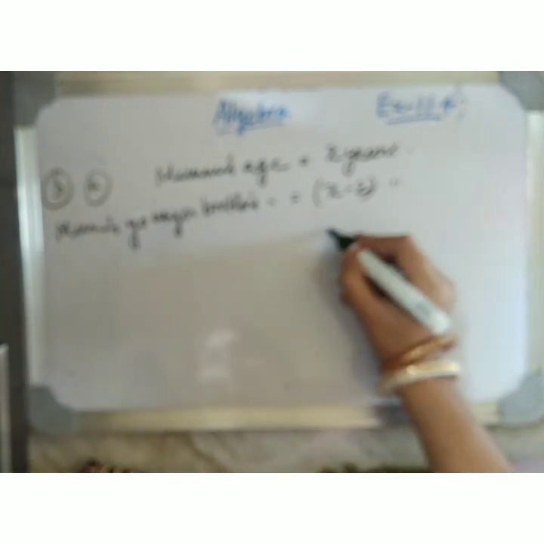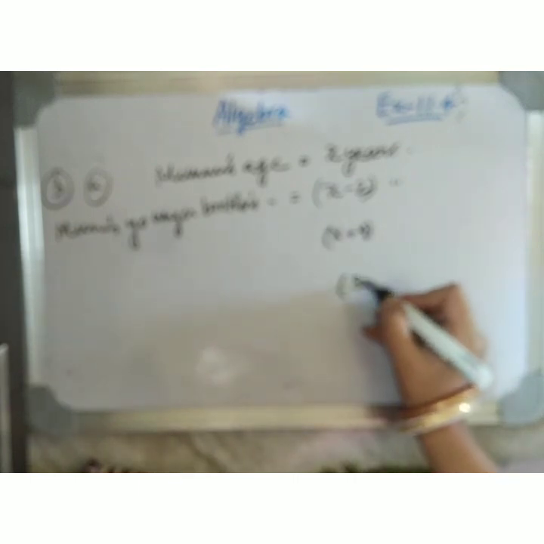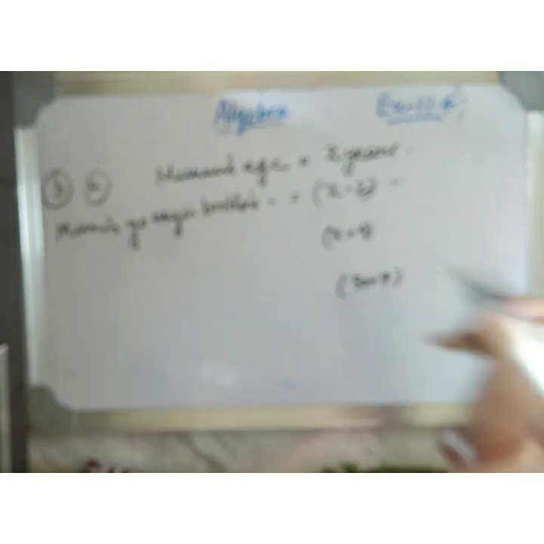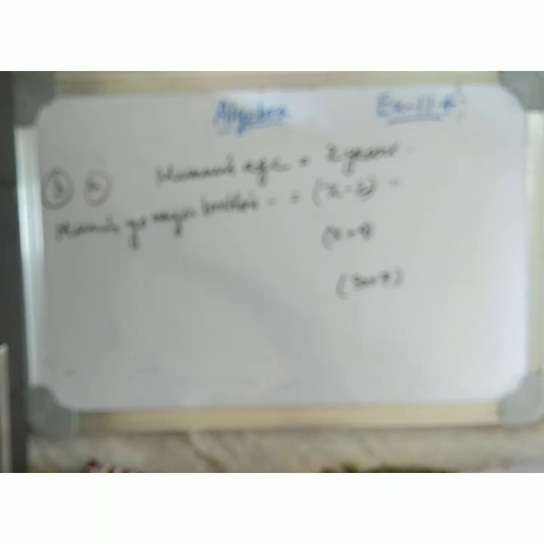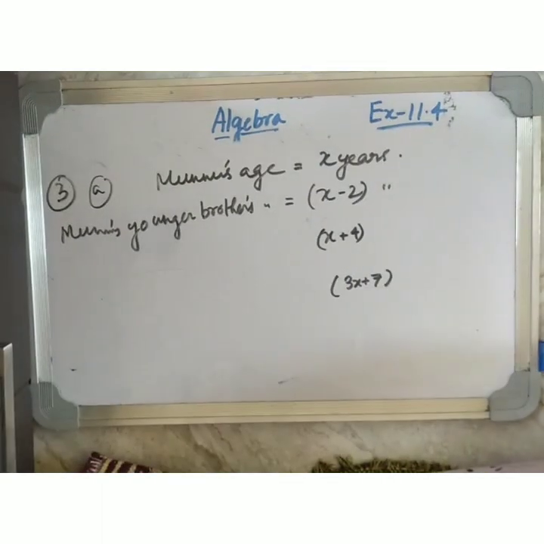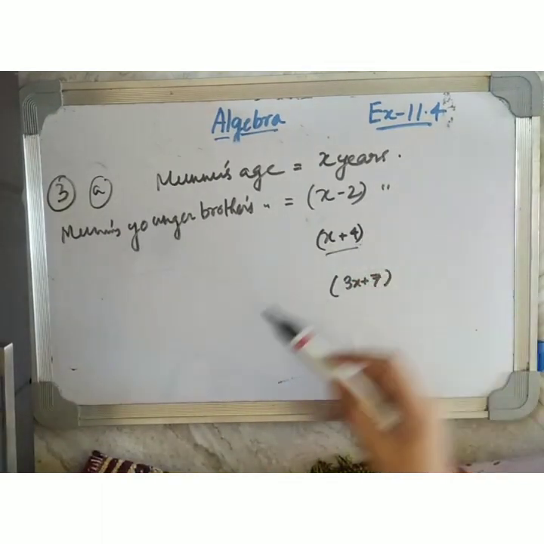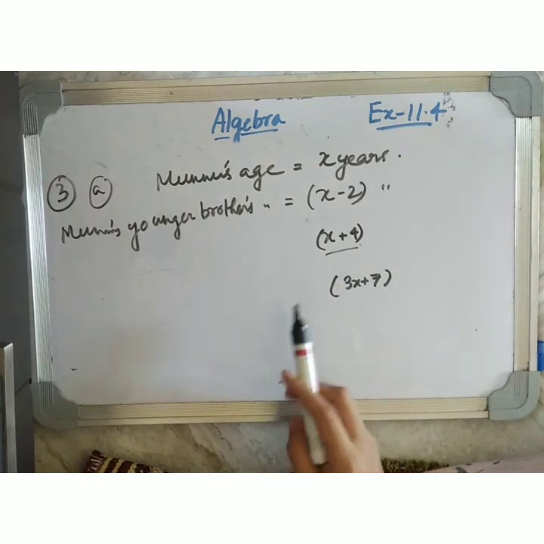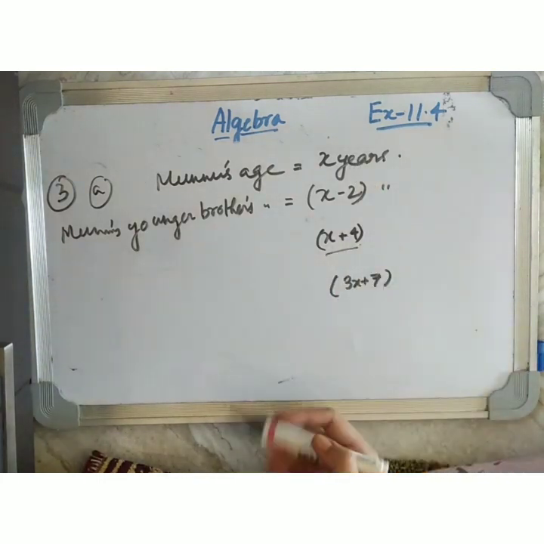Now it is written X plus 4 and 3x plus 7. Now what to do with this? For X plus 4, this is the age of the person who is 4 years older than Munnu.